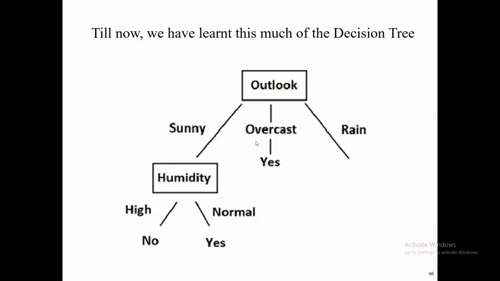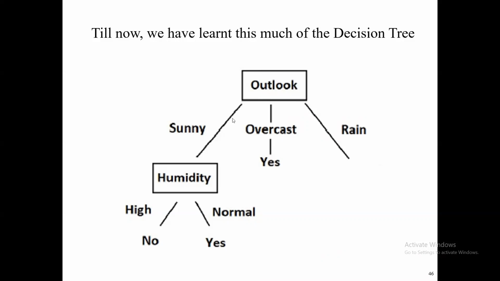So we reflect our findings in the decision tree here. Till now, we have split our decision tree according to outlook in the root node, and we found out that whenever outlook was equal to overcast, our decision to play tennis was yes.